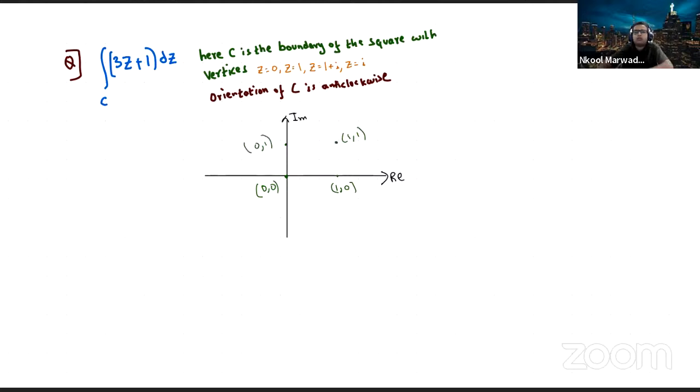Now since it's a square, the sides have to be lines, not curves. And since the orientation is anti-clockwise, we can draw arrows in the anti-clockwise direction.